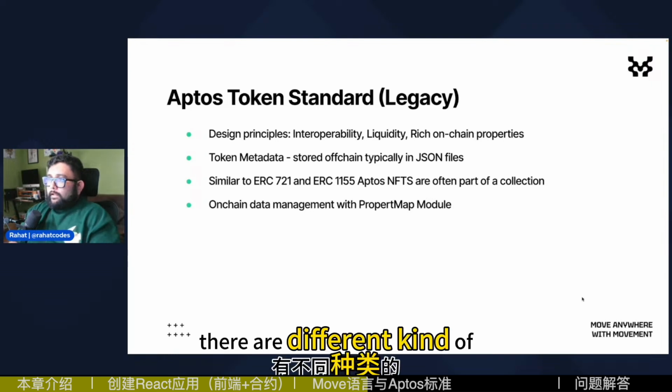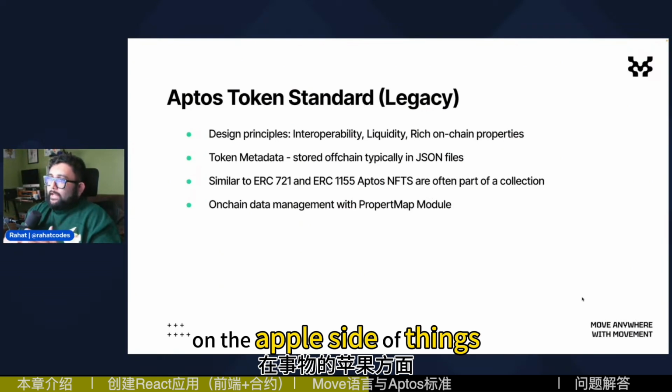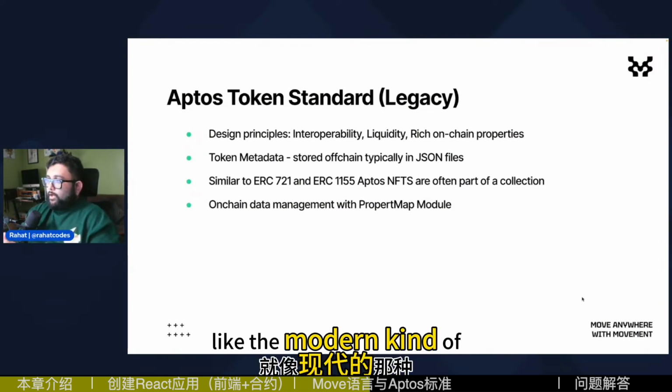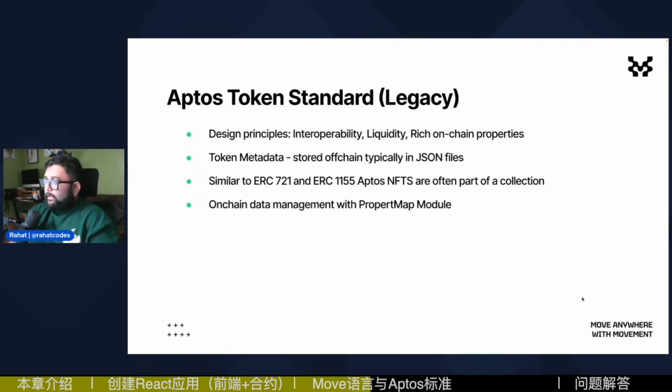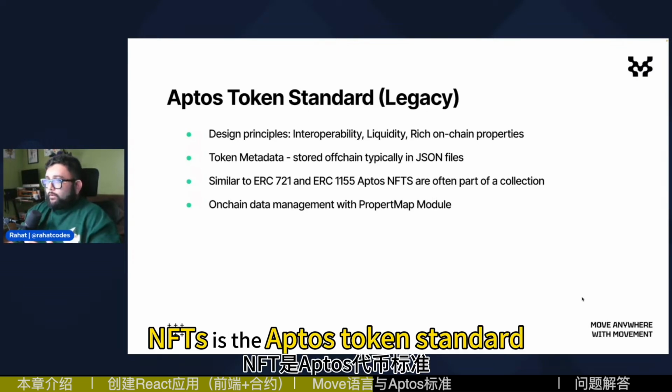So there are different types of token standards that exist on the Aptos side of things. We're going to start with the legacy and then go into the modern implementation of these standards. We'll start off first with NFTs. So the legacy standard for NFTs is the Aptos token standard.